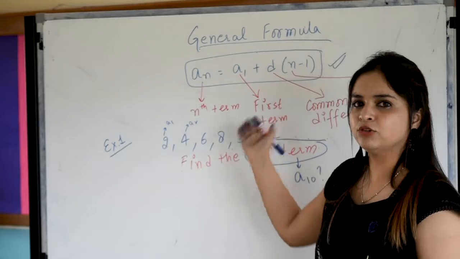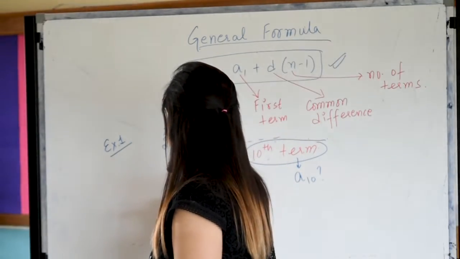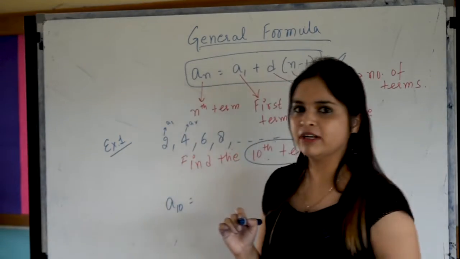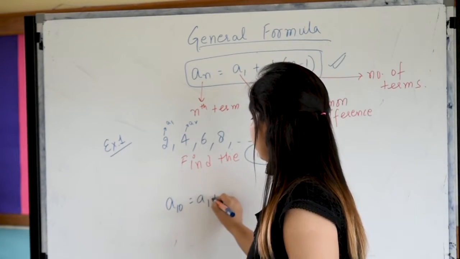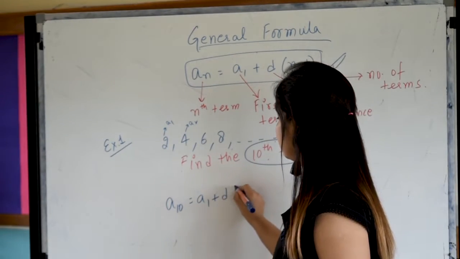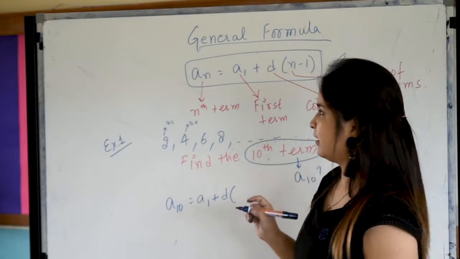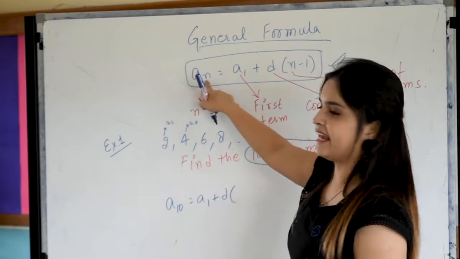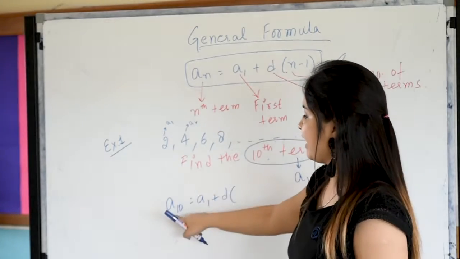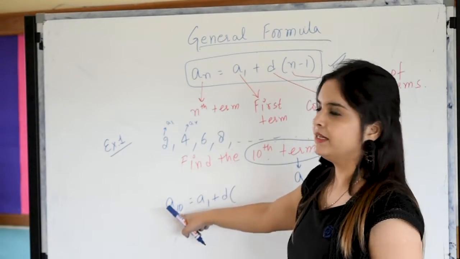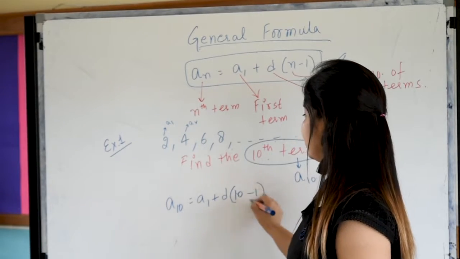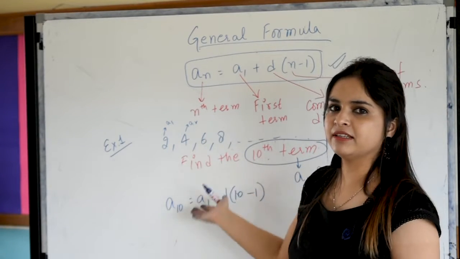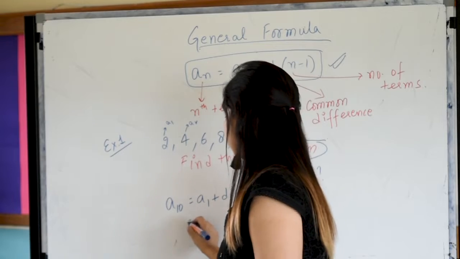Okay, very easy. Use the formula. A10 is equal to A1, okay, plus D times N minus 1. Now this N and this N are equal. So if I have to find 10th term, that means N is 10. Okay. Now just put in the values and it's very simple.